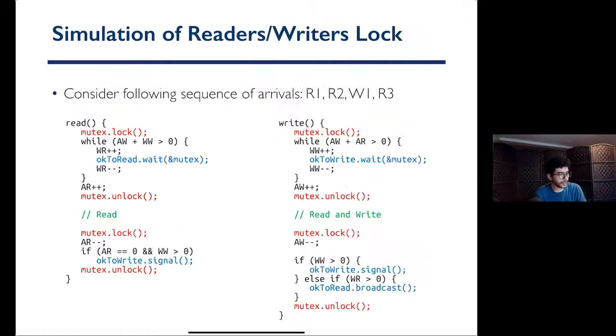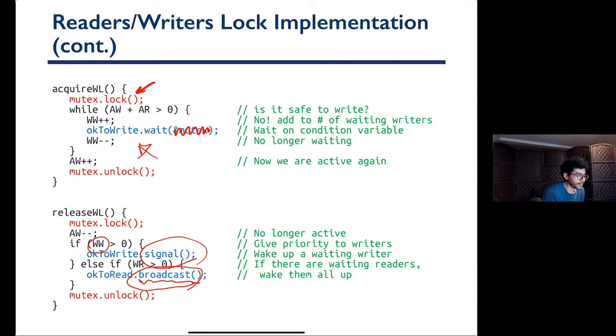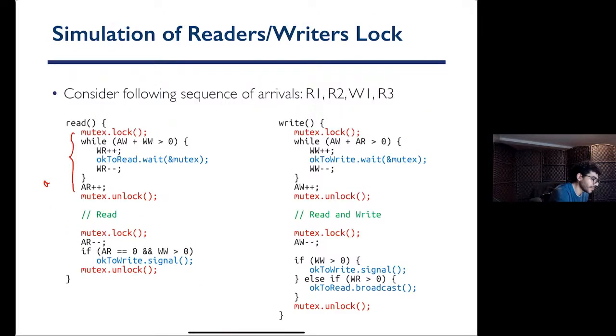Now, before I actually analyze it, let's run an example here. Hopefully this example will give you some more insight into this. So right now what I've done here is this is the acquire reader lock. This is the release reader lock.